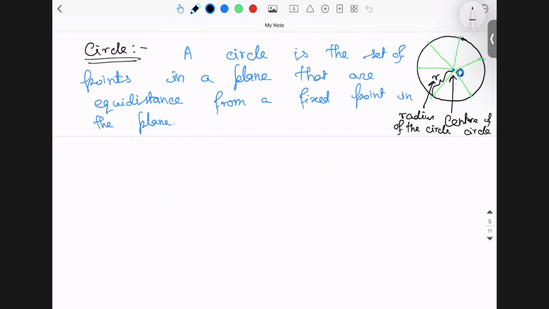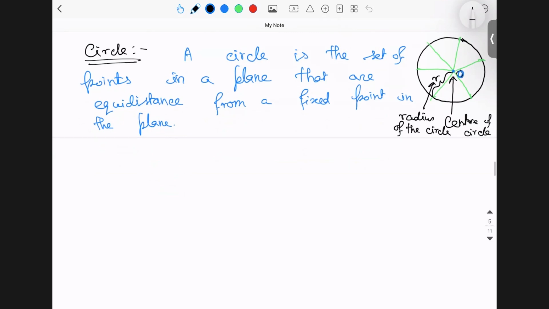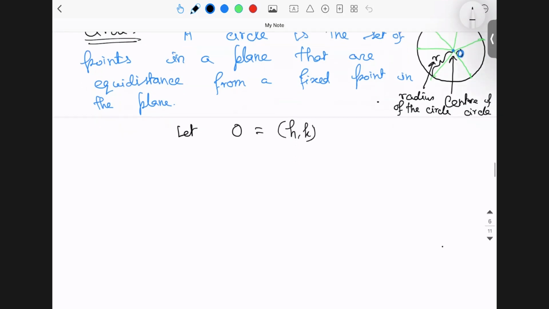Let the center be denoted by (h, k), and this is the coordinate of this point O. Okay, and (x, y) denotes an element of that set.